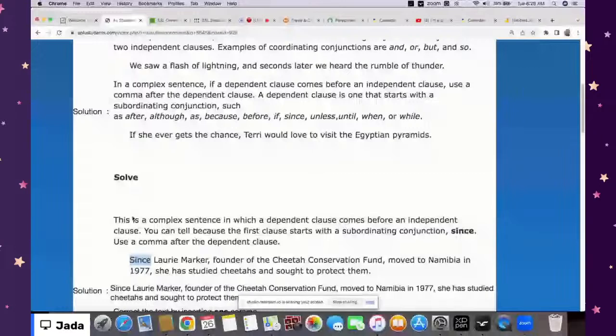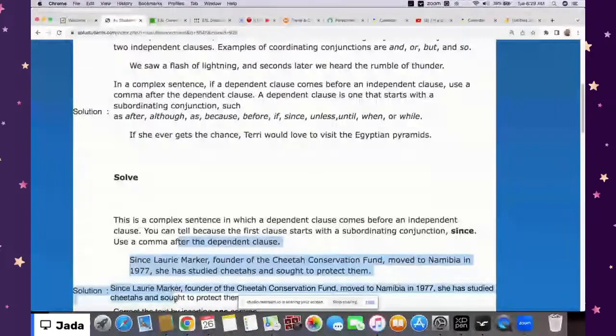So you're going to put a comma after the dependent clause, just like we've said. Once it's a complex sentence and you see that the dependent clause is starting, you have examples of subordinating conjunctions, because it usually starts with one. When you see them, that's it: a comma after the dependent clause.